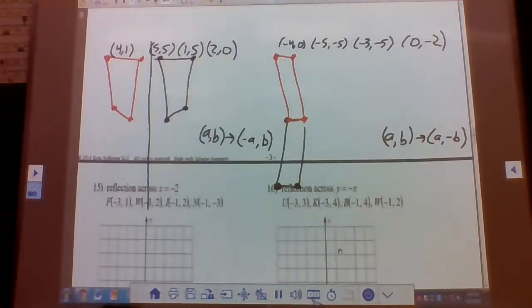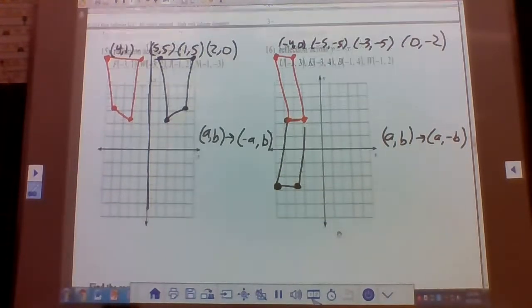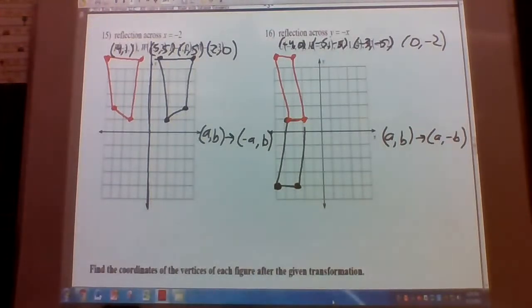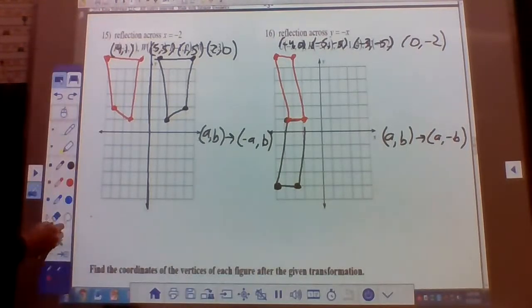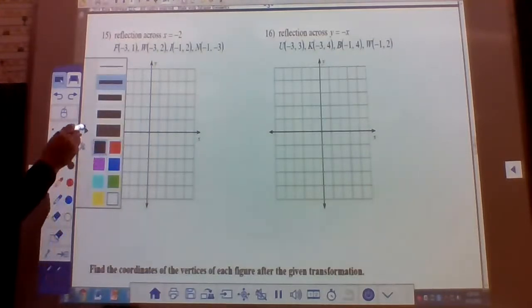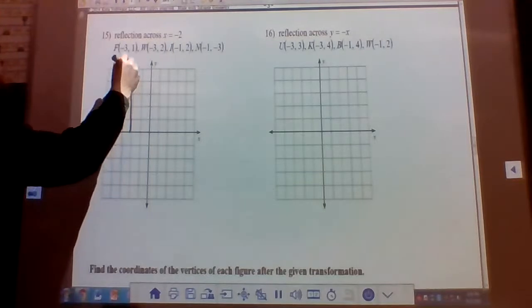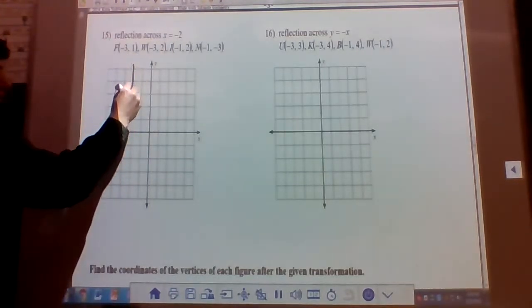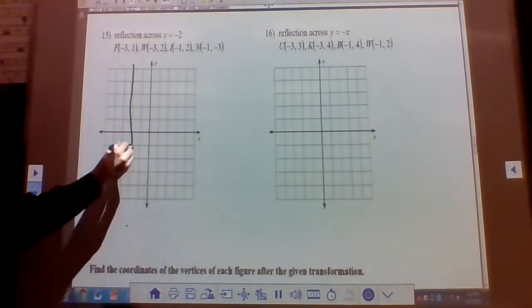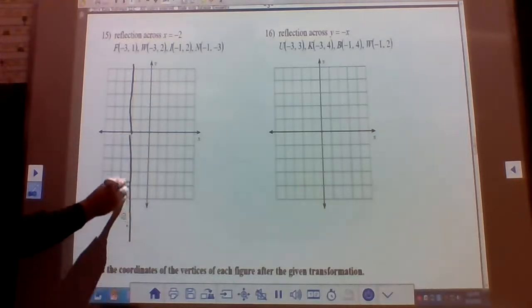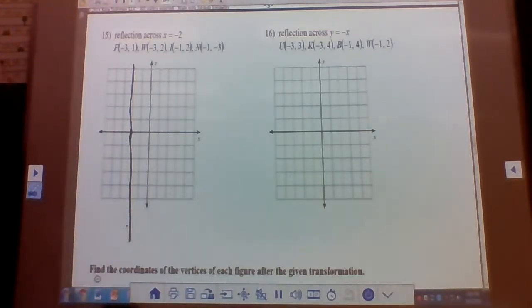All right, 15. Okay, we want to reflect across the line x equals -2. So x equals -2 is going to be a vertical line at x equals -2. So there's x equals -2.